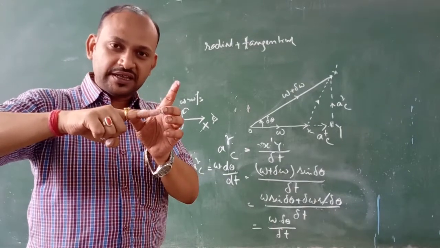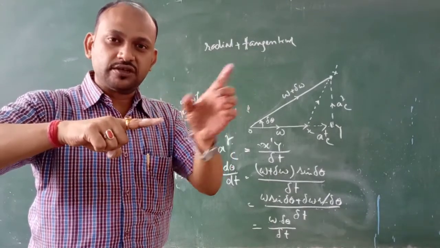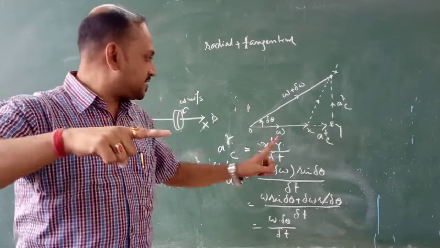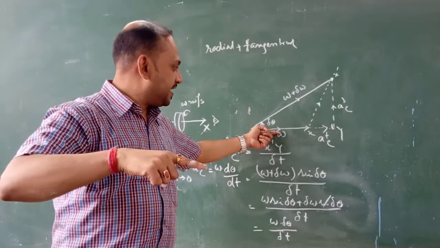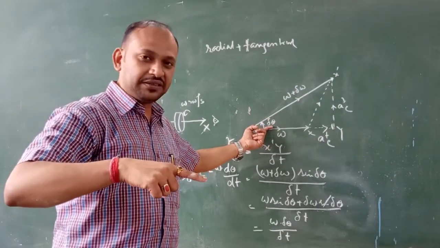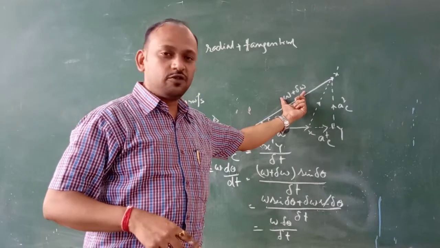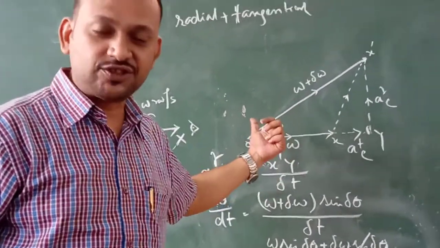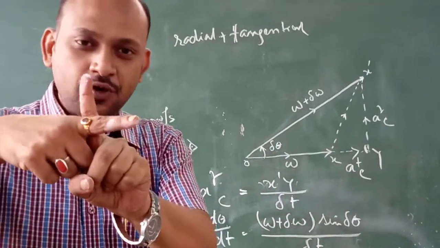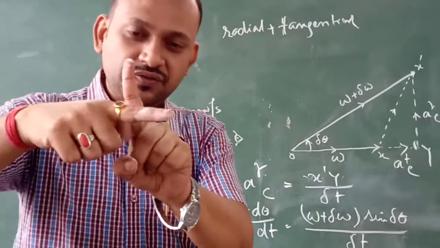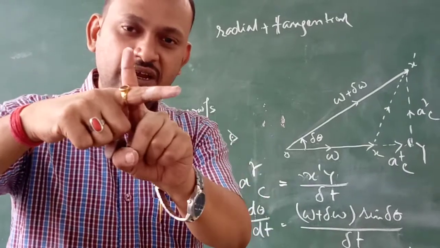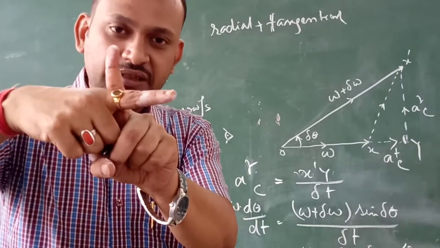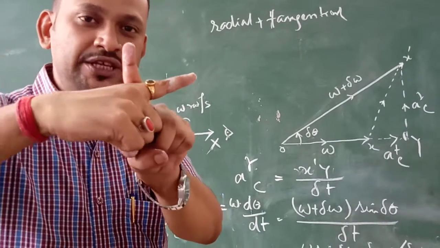Now I want this angular velocity to be increased from omega to some other value. So what will happen? We have assumed that it traverses a distance del theta and the new angular velocity will be omega plus del omega. This is actually what happens: whenever this particular vector wants to change its magnitude, this change will automatically be followed by a change in position.